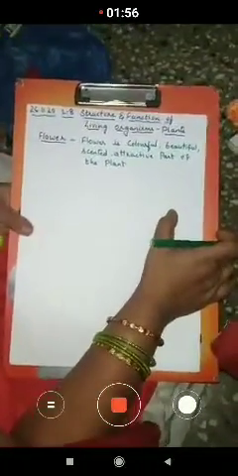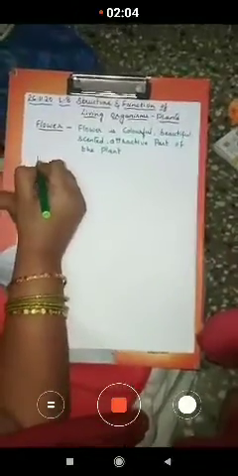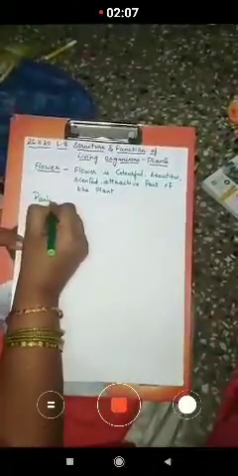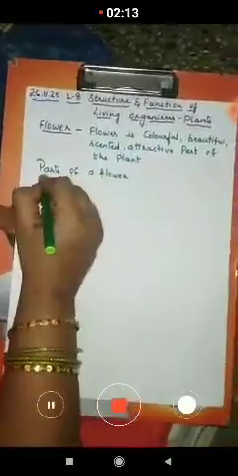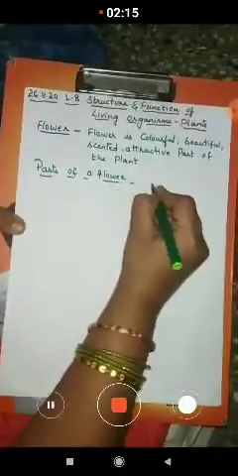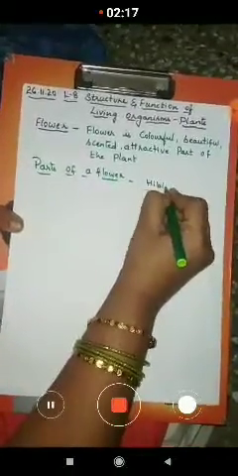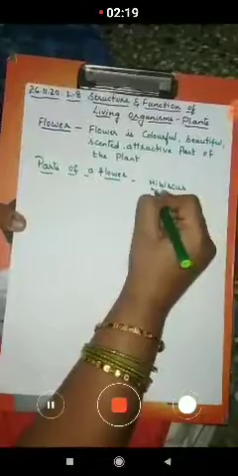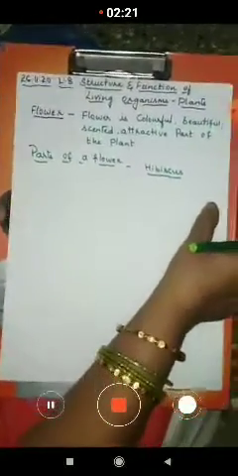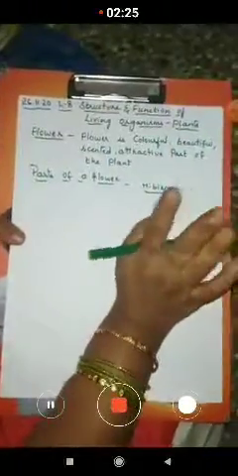So now, children, we'll move on to the structure of the flower, or the parts of the flower. When we take up the flower, here I have taken the hibiscus flower. In the hibiscus flower, we can observe four rings or four parts.